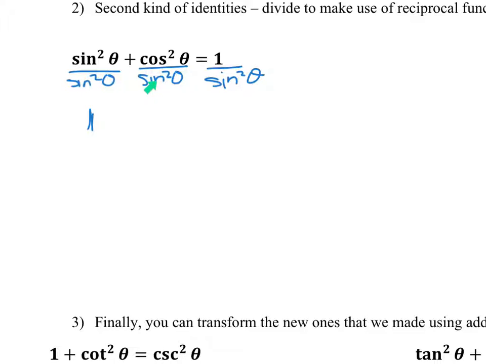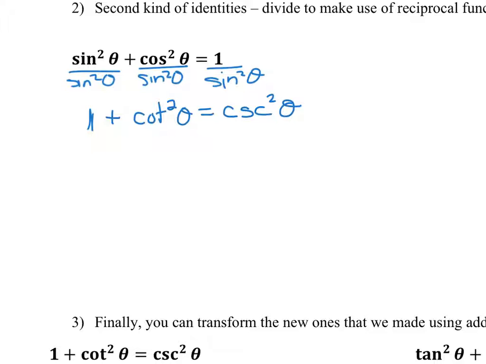Cosine squared theta over sine squared, well, cosine over sine is cotangent. So if I was squaring them, then they're squared. And then 1 over sine is cosecant. So 1 over sine squared is cosecant squared, and we created this whole new identity.